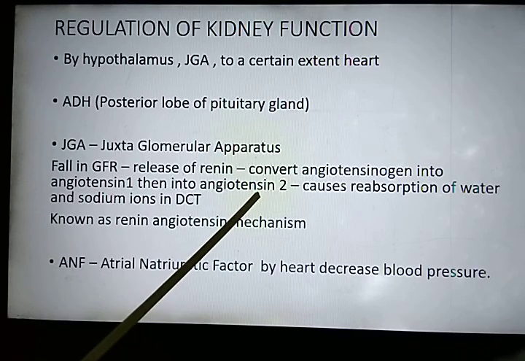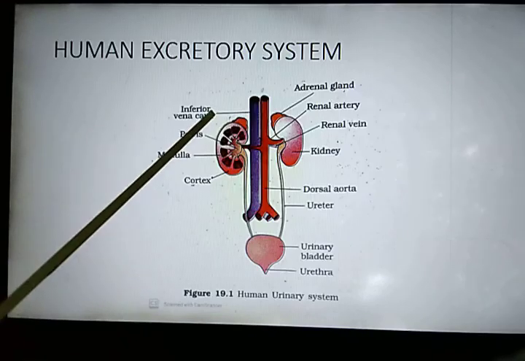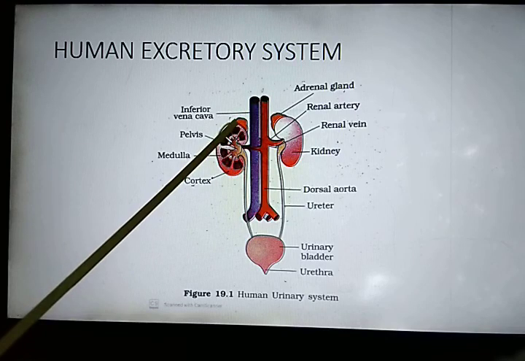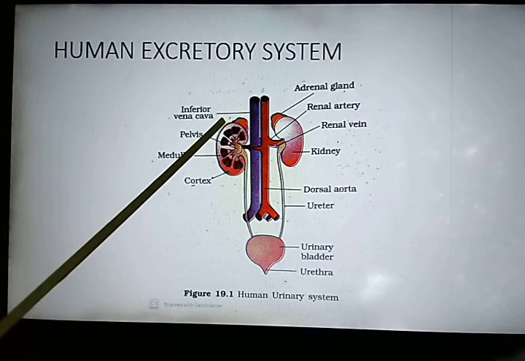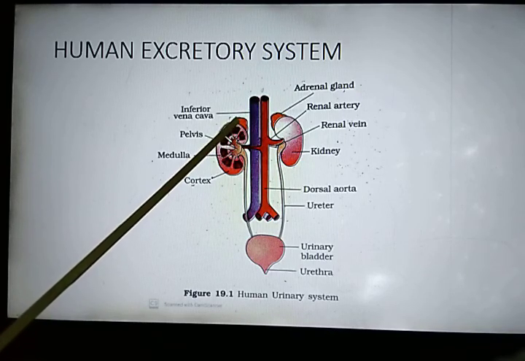Now the second function of angiotensin 2 is that it also stimulates the adrenal cortex of the adrenal gland. Do you remember where the adrenal gland is present? Yes, the adrenal gland is present at the top of the kidney. So the angiotensin 2 present in the blood stimulates the adrenal gland to produce the hormone known as aldosterone.